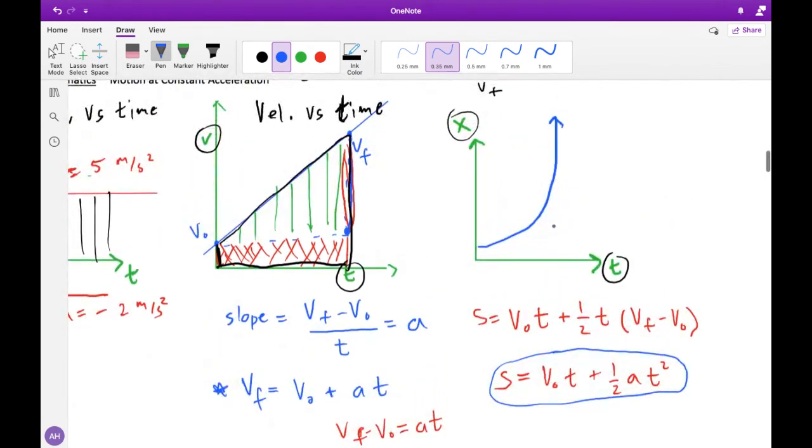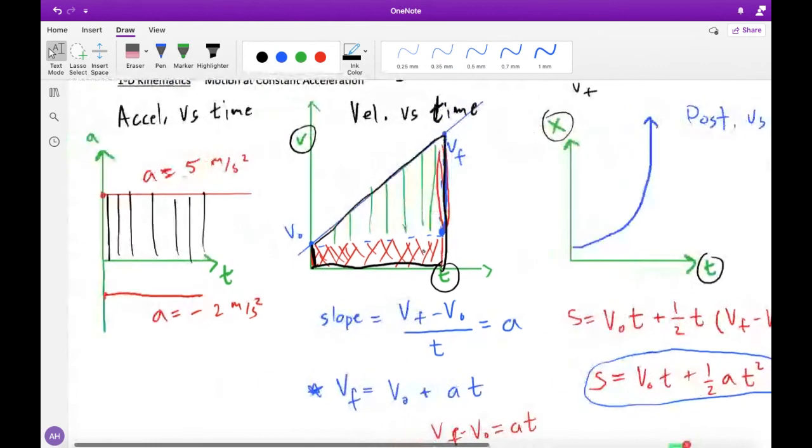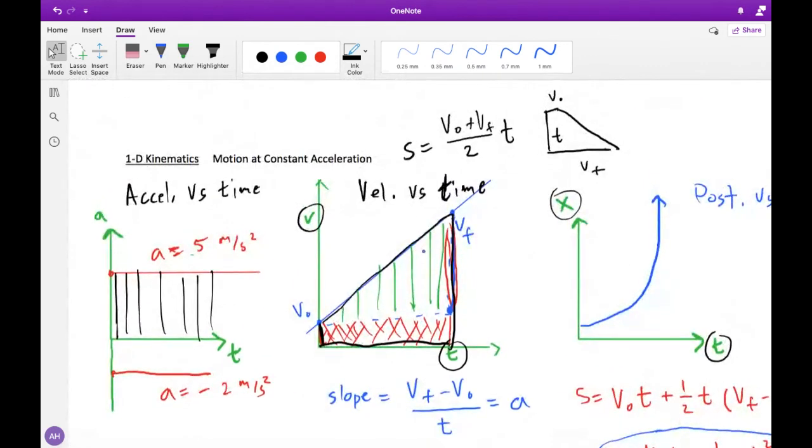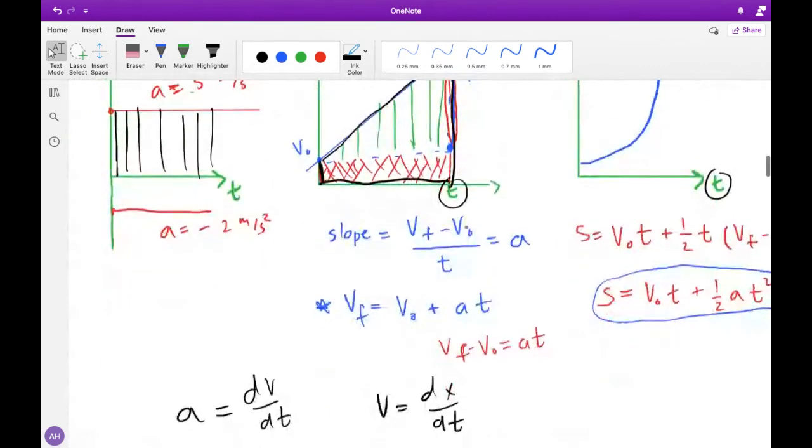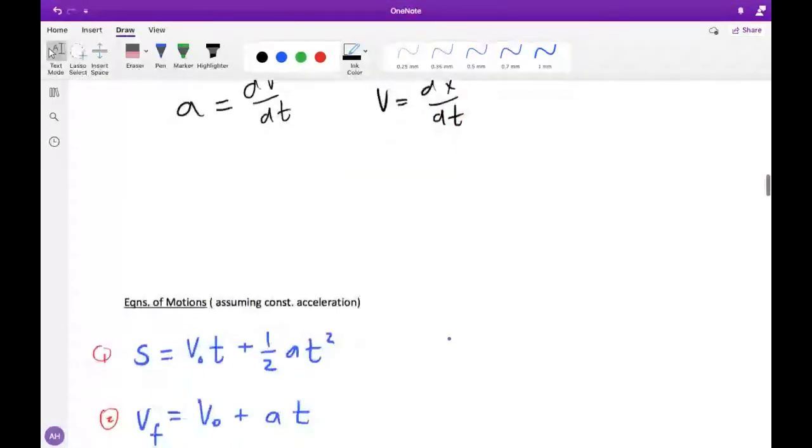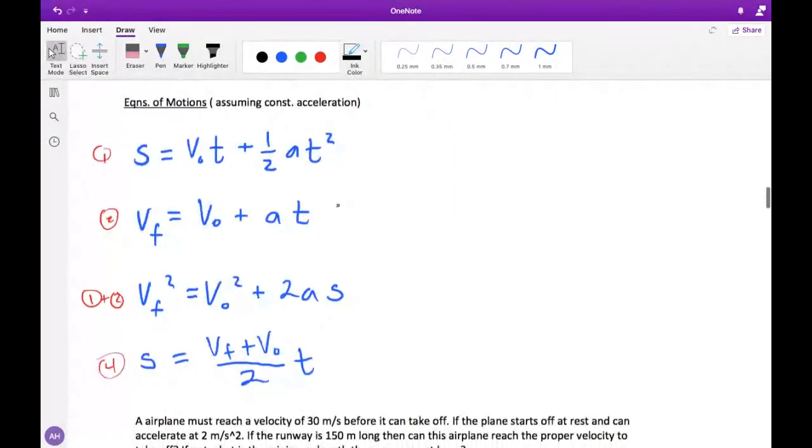This is our position versus time graph. Okay, so all that was just to show and explain how we get these 4 equations of motion here.